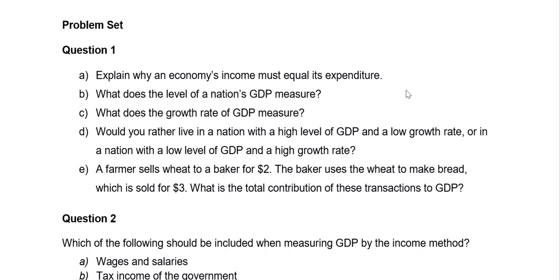To me personally, I would love to live in a high-income country, a country with a high level of GDP. Basically, it is because in high-income countries my wages will be higher. I could buy more goods and services for a pound, let's say, for a unit of income I receive.